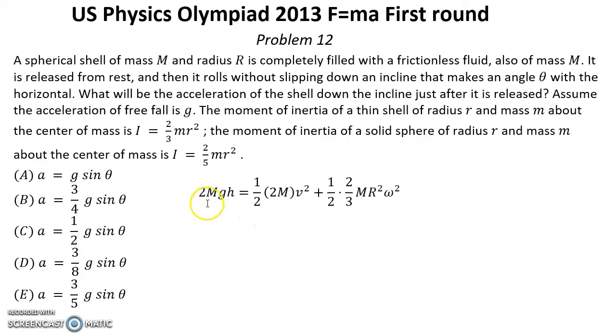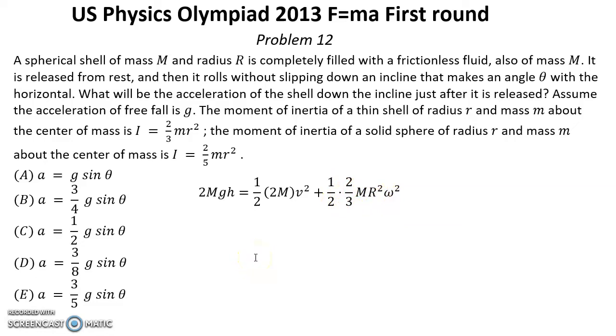Total potential energy of this system 2mgh converting to kinetic energy, which is translational kinetic energy 1/2 2m v squared plus rotational kinetic energy of this shell, which is 1/2 2/3 m r squared omega squared.